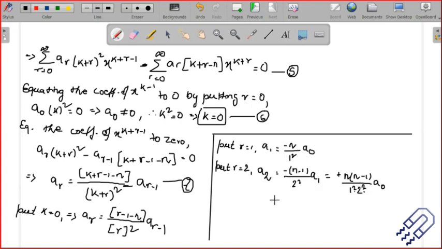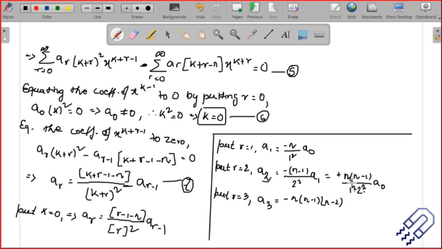So in this way we can continue, and we can get for r equal to 3 also. Put r is equal to 3, you get your a3 as plus minus minus plus, so it will be minus next term. And you are going to get n minus 1, n minus 2.